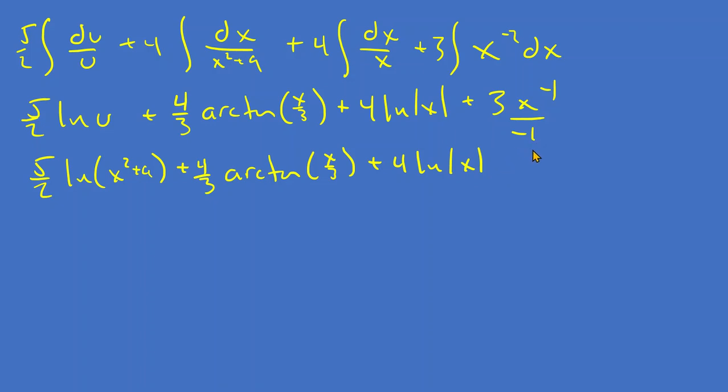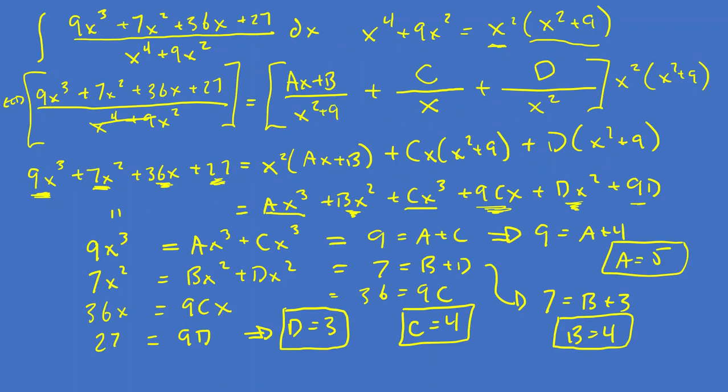And this is going to be minus 3 over x plus c. And that should about do it. That would be our final antiderivative, or integrating that problem using partial fraction decomposition.